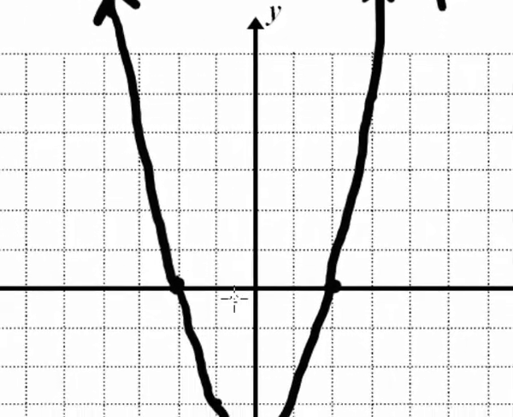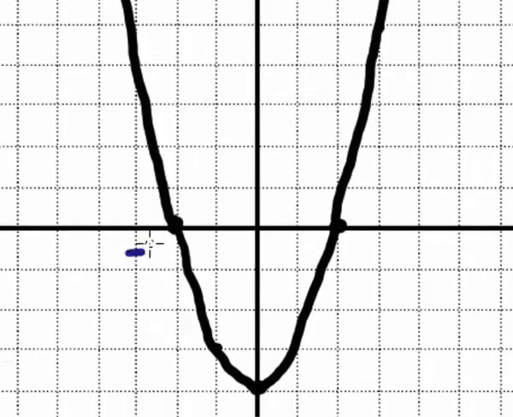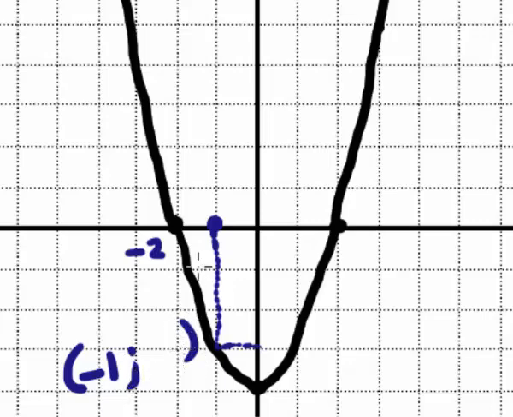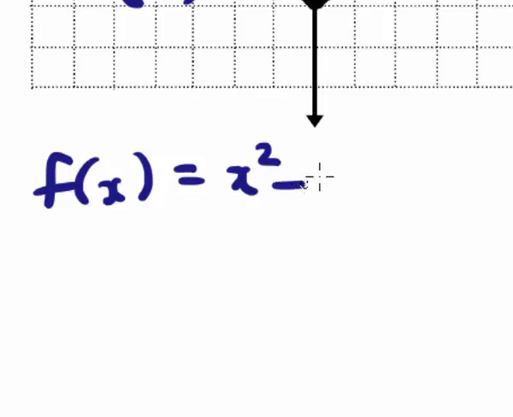Now, this was negative 2 here, so I'm not too worried about that. Let's go to negative 1. So at negative 1 there, I want to work out the corresponding y value. So my x is negative 1. Now what would my corresponding y value be? Well, let's have a look at this. If you take the graph of f(x) = x² − 4, which is the parabola, what is f(−1)?